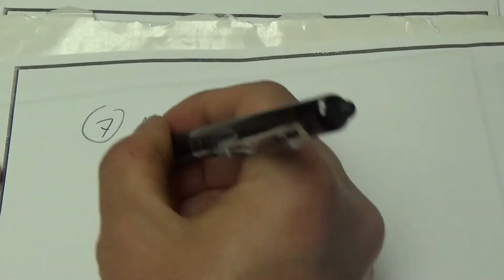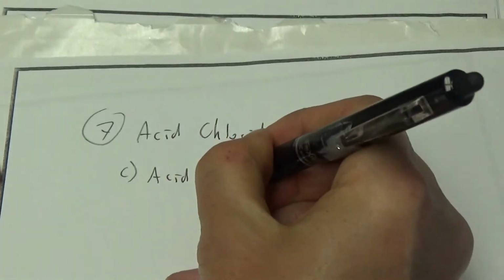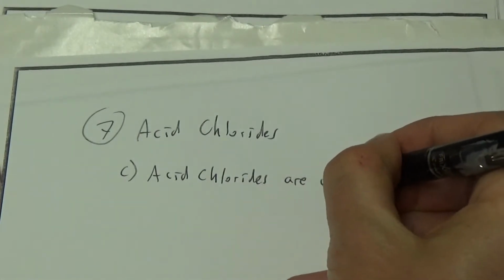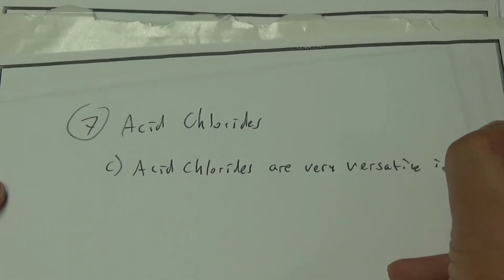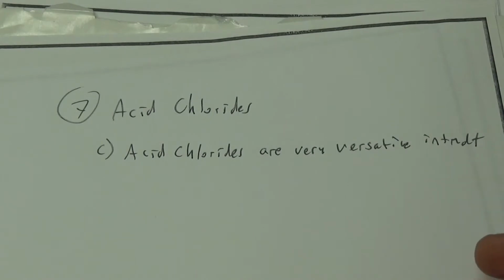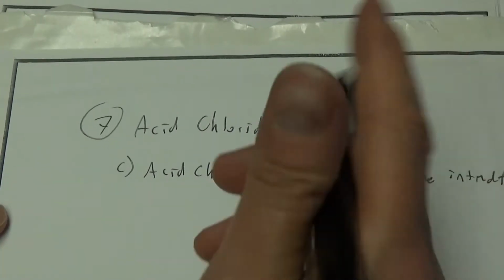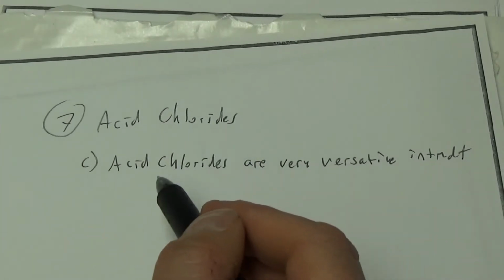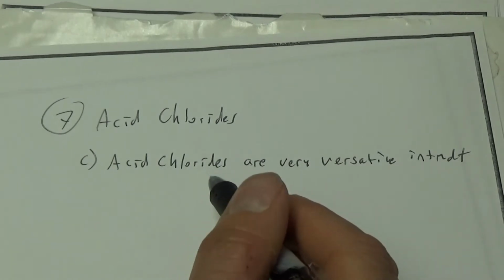And a key thing, and I've mentioned this a couple times, acid chlorides are very versatile intermediates, or a very, very versatile carboxylic acid derivative, I guess you could say. And by that I mean it's very easy to convert an acid chloride to any other of the derivatives, because the chloride is such a good leaving group.